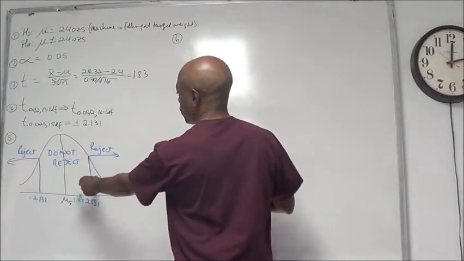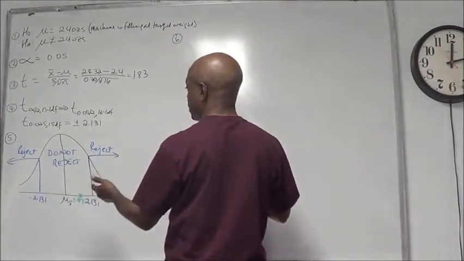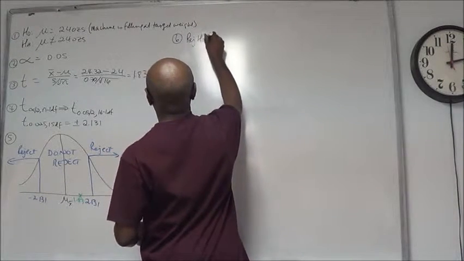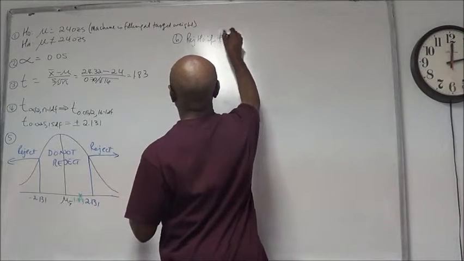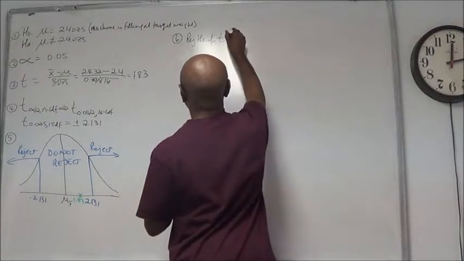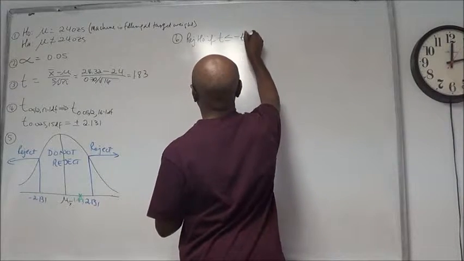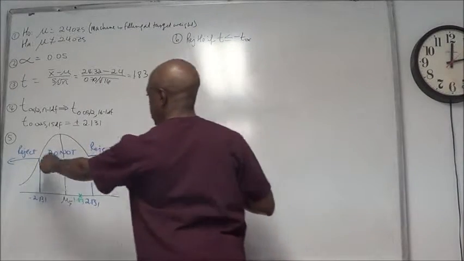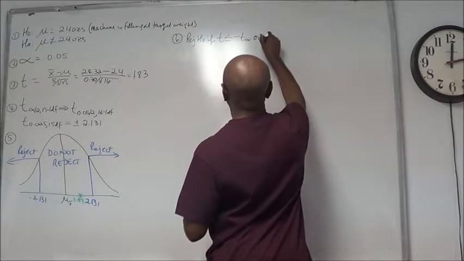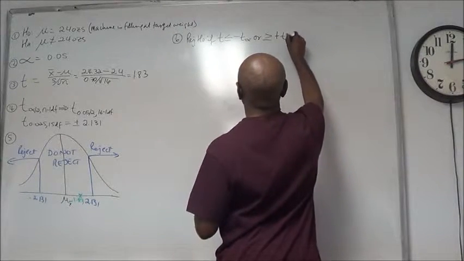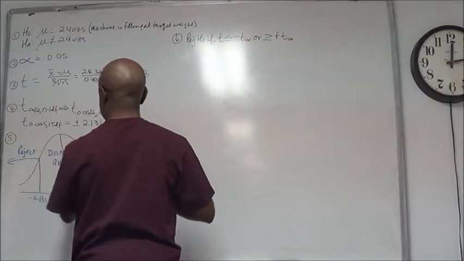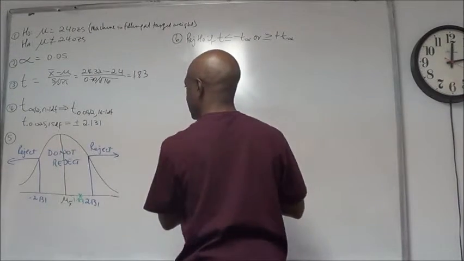So the rule here for the two-tailed test is simply that we're going to reject H0 if the T you calculated is less than or equal to the negative critical T, or if it's greater than or equal to the positive critical T. So reject anything that's smaller than that, or anything that's larger than that.